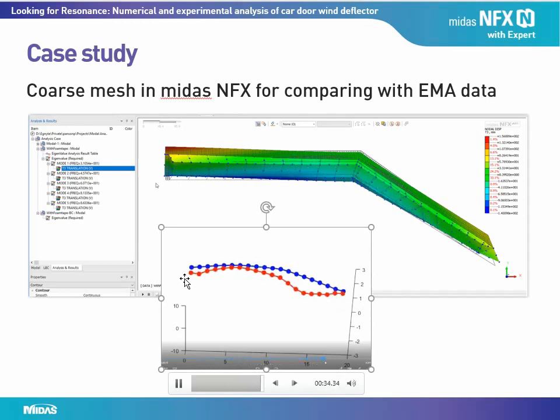This is why you can see the red curve vibration level is larger than the blue lines, because the area along the red line has thinner material.